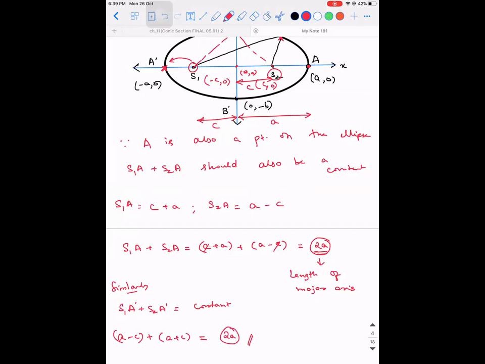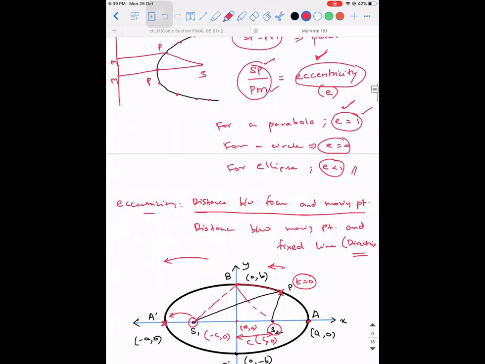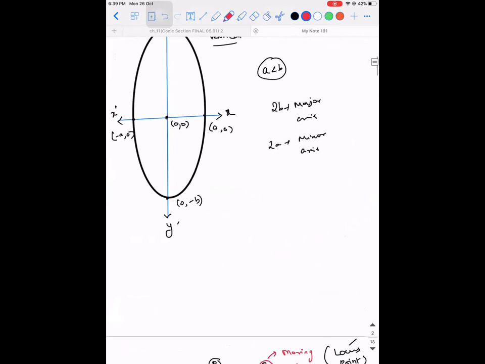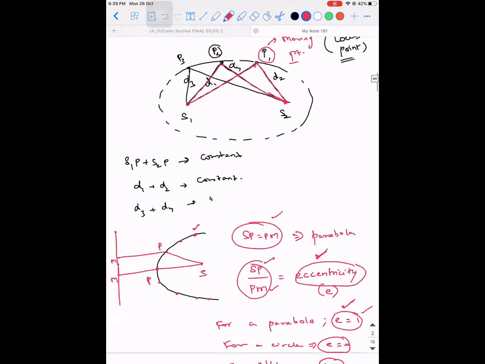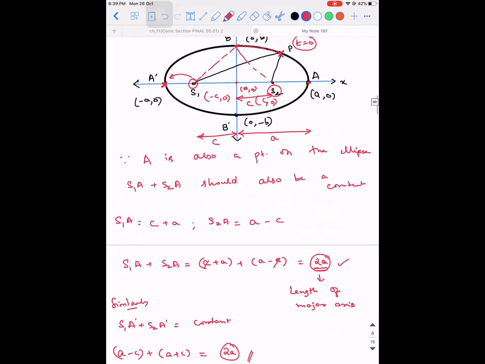Rohan, are you able to understand? Okay. So one important point I wanted to conclude is, if you're talking about an ellipse which is horizontal, you will always get 2A. If I do the same theory with respect to a vertical ellipse, then I will get 2B. Clear? Very important point to be kept in your mind. Good that you asked.